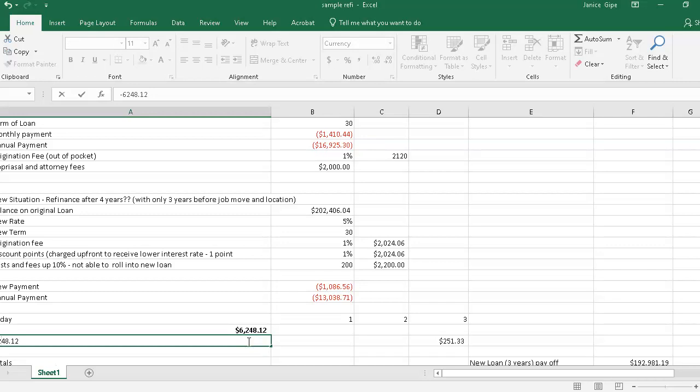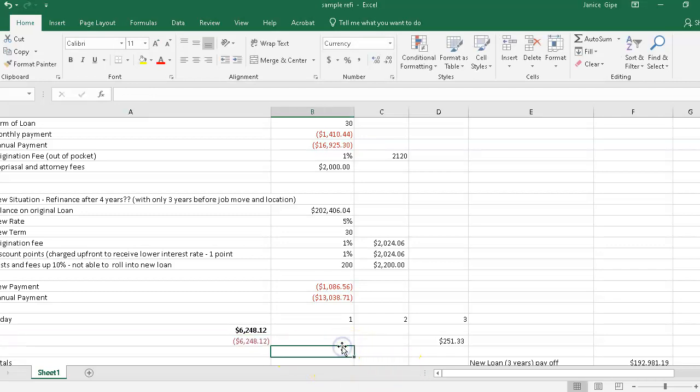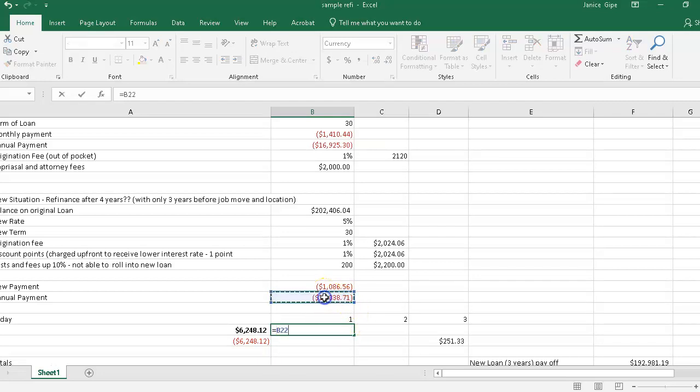Okay. And then to get the savings for the 3 years that we intend to have this loan, with the intention of moving, I'll take this number and subtract it from this number.